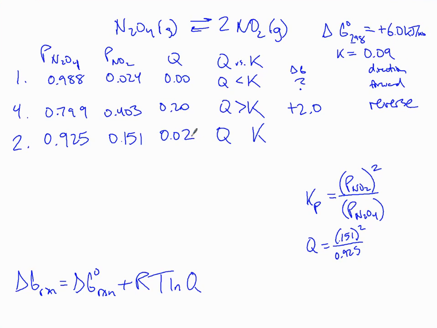Which means that Q is less than K. If you're doing the number line, the arrow from Q going to K, left to right, tells me, without doing the calculation for free energy, that this reaction happens in the forward direction.